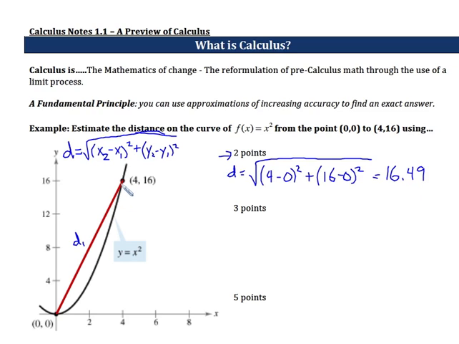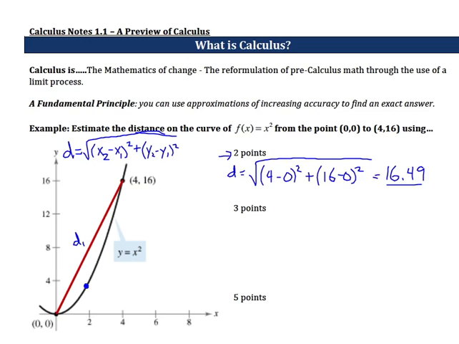Now, thinking about that, is that an underestimate or an overestimate? Well, the shortest distance between 2 points is a line, and you can see the curve is a little bit longer. So this is definitely an underestimate. What we can do then is increase the accuracy of this answer by adding more points. We're going to add the point halfway between 0 and 4, right here.